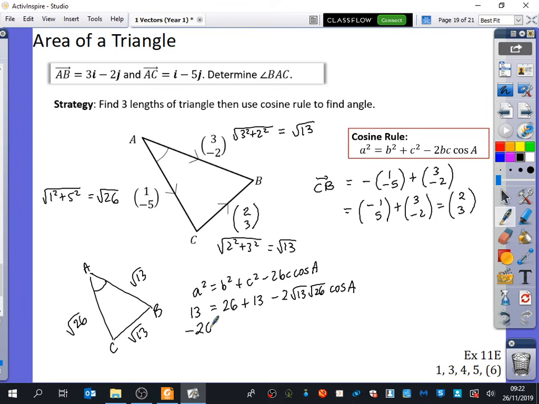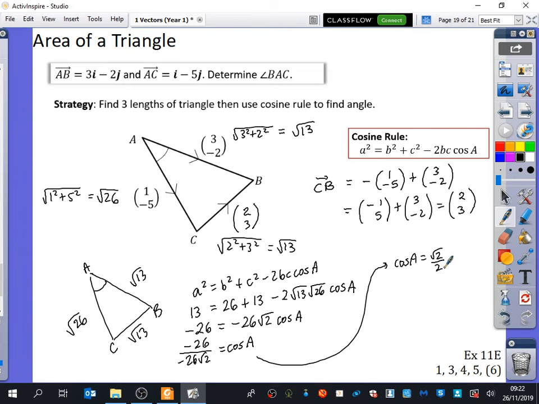So we've got minus 26 equals minus 2 root 13, this is minus 26 root 2 cos A. So if I divide these, I will get minus 26 divided by minus 26 root 2 is cos A, which tells me, if I just come back up here, that cos A is root 2 over 2. That's just from solving the equation and rearranging it to find out what cos A is equal to.